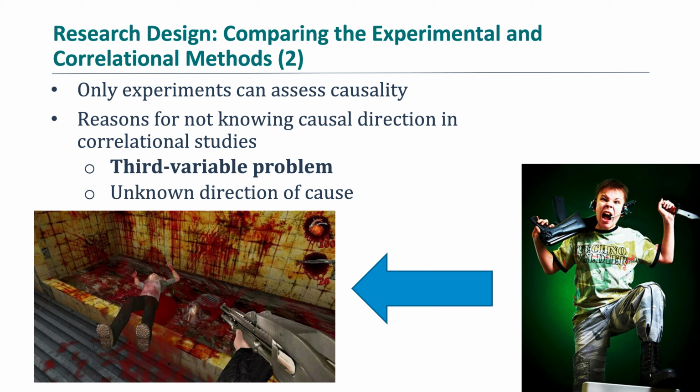They've done this. We know that actually it's probably more that violent kids are more drawn to violent video games. It's not really that violent video games cause kids to. But I hope this illustrates how that direction of cause is important.